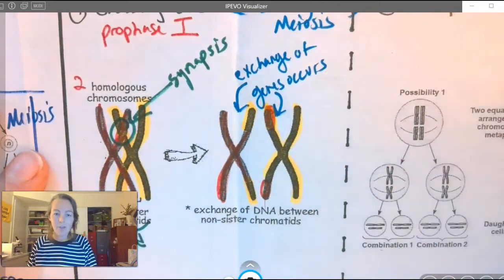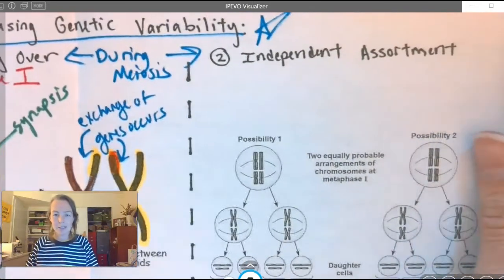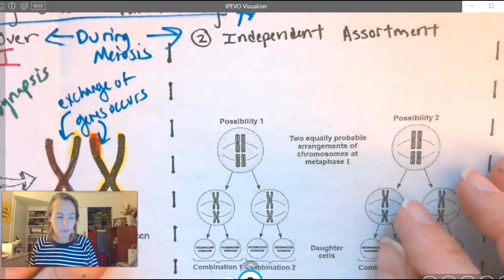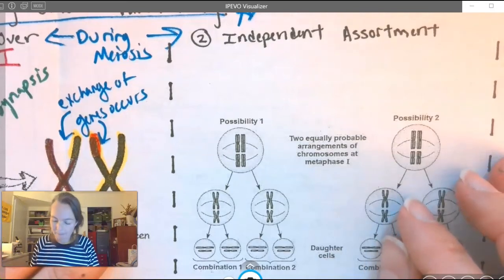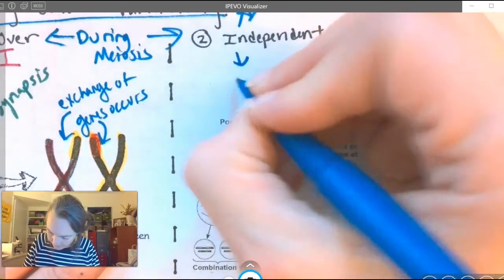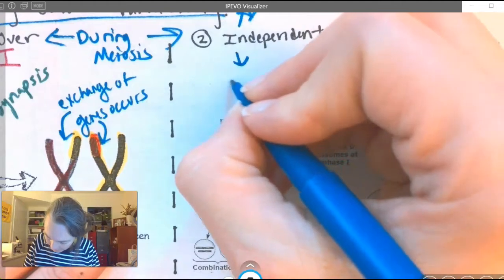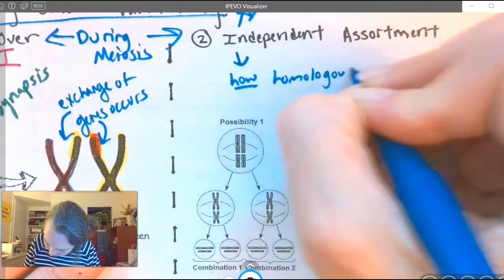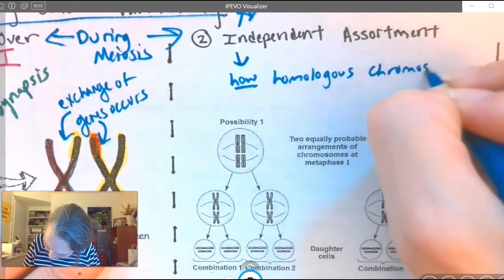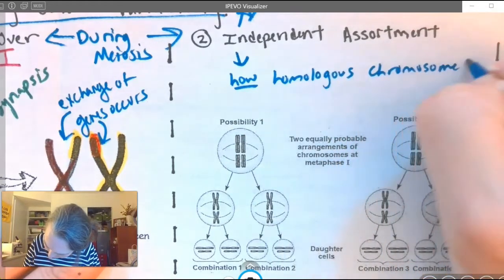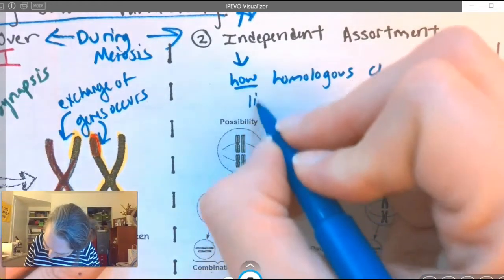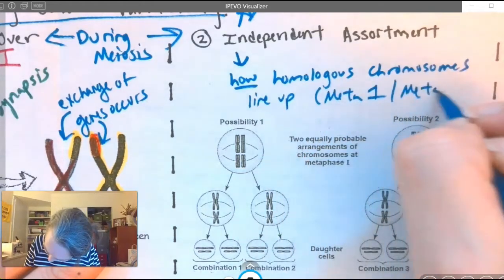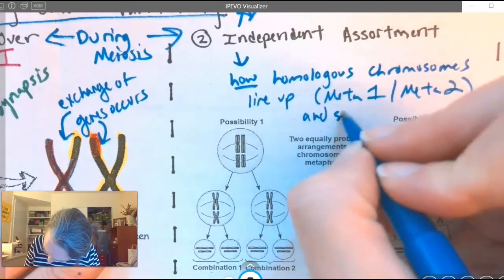The other thing that can happen during meiosis is independent assortment. Independent assortment is the way the homologous chromosomes line up in metaphase 1 and metaphase 2 and separate.